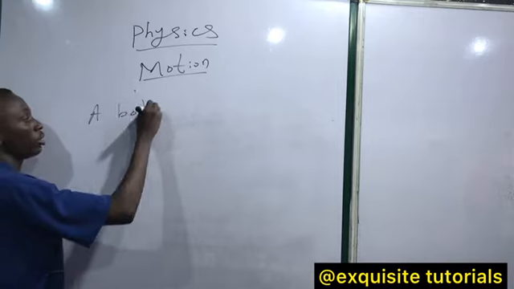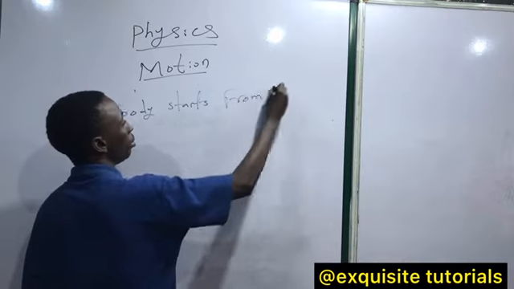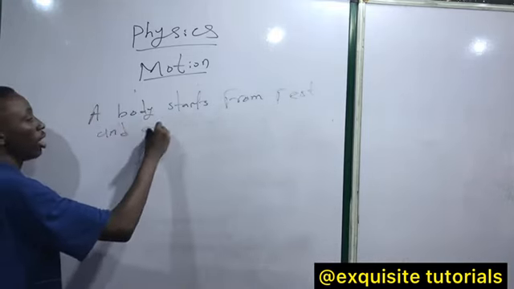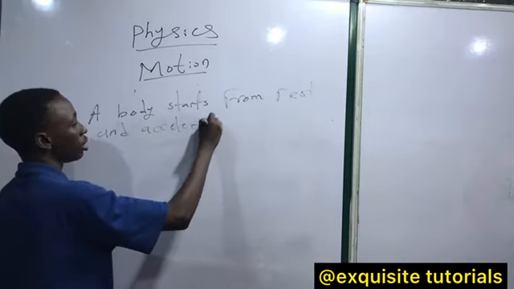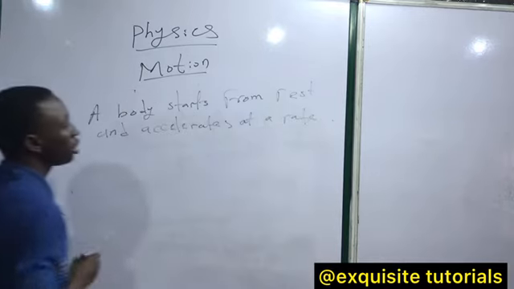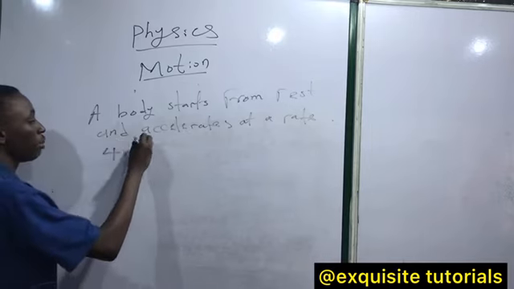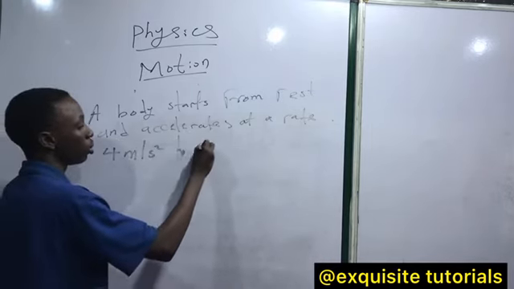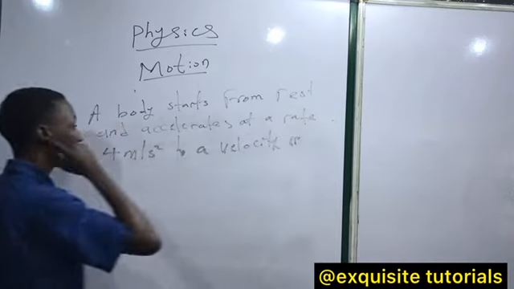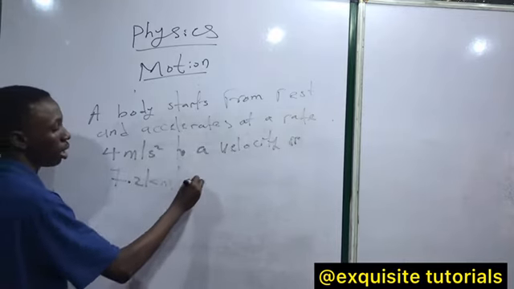A body starts from rest and accelerates at a rate of 4 meter per second square to a velocity of 7.2 kilometer per hour.